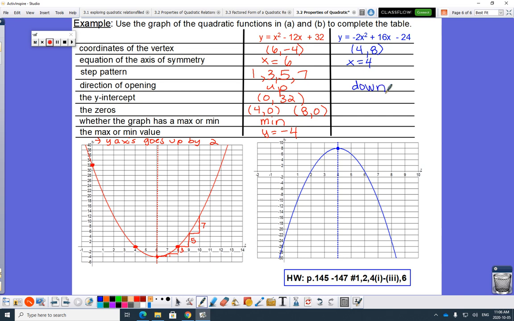You can see that it crosses at negative 24, or you can look at the value in the equation. Use the graph. It crosses at 2 and 6. It's a maximum this time when y equals 8.